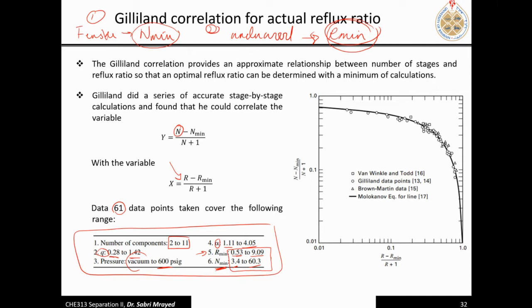So it's very common whenever you see a correlation developed based on experimental data that you have some sort of limitation, because it is based on theory, by the way, but it is not pure theory. It is not developed from scratch based on theory only.